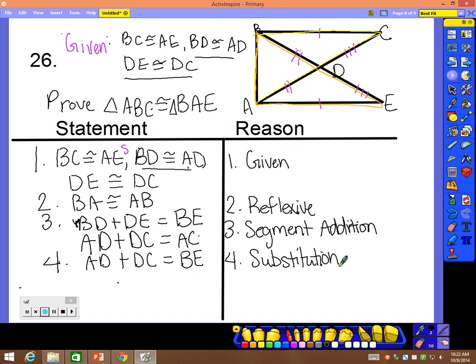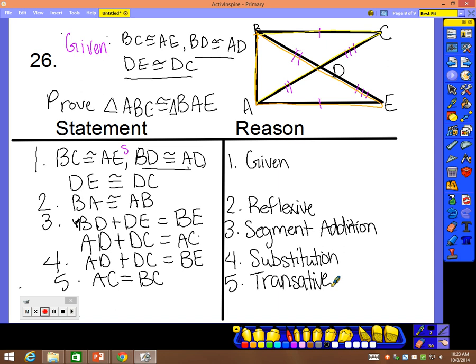Now, if AD plus DC is equal to AC and AD plus DC is equal to BE, by transitive I can say AC is equal to BE. And now AC and BE are my third lines that I was trying to show.